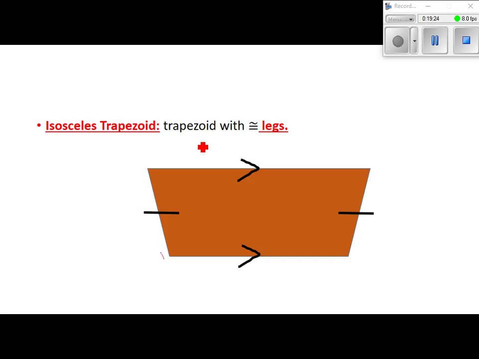So the two legs are always congruent. Just to do that, you want to spell that shape? Yeah, probably. Doesn't have to be spectacular or anything. So these two sides are congruent. These two sides are always parallel.